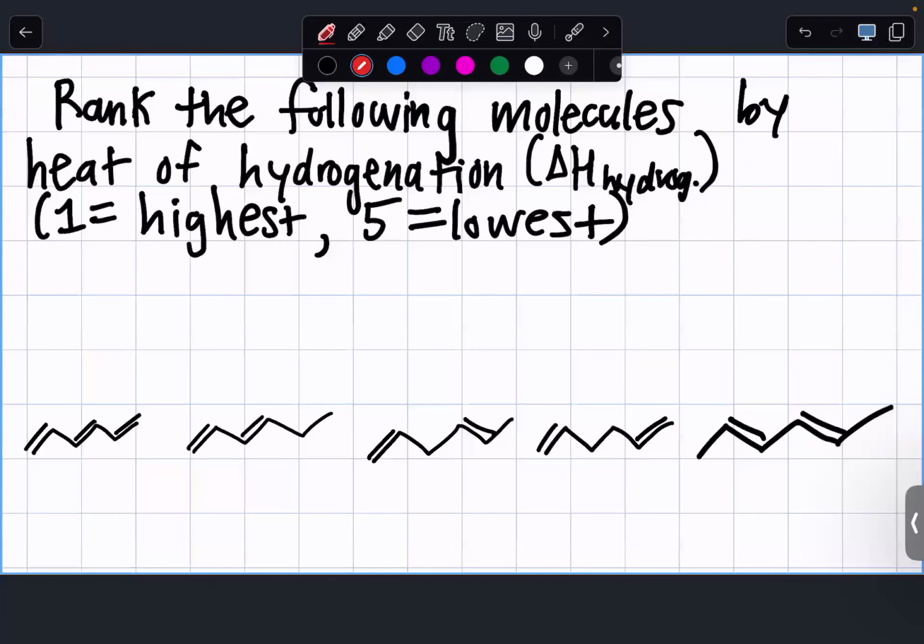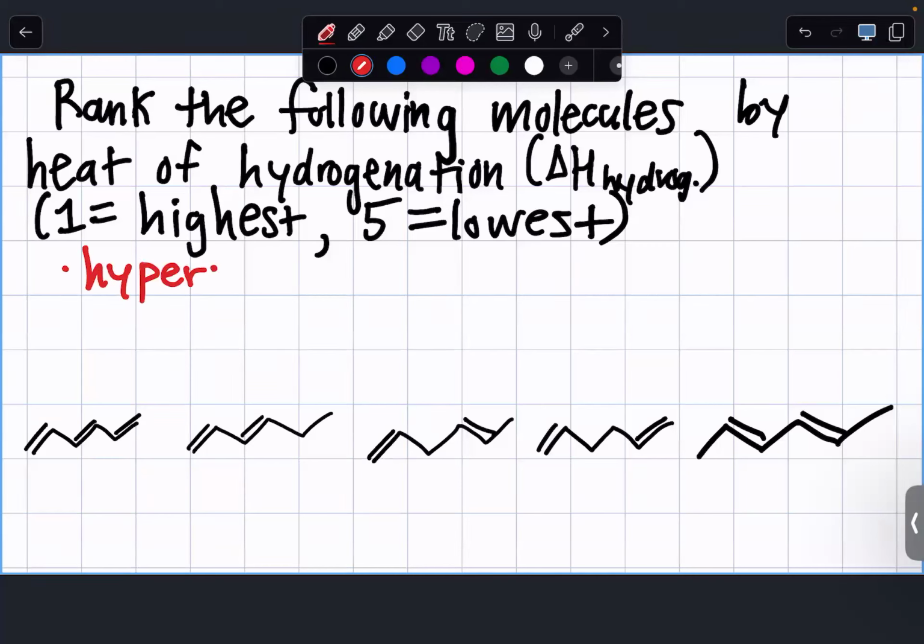So what kind of alkene will give us the highest energy? An unstable alkene or a stable alkene? Unstable alkene, right? And there are three different factors to think about when you think about stability of alkenes.